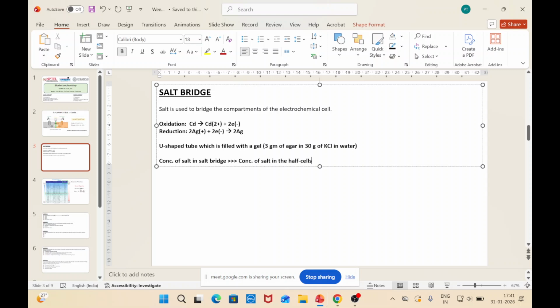So why such a concentration gradient, or why is there a requirement like this in case of an electrochemical cell? What is the need for the concentration of the salt in the salt bridge to be excessively high in comparison to the salt concentration in either of the half cells, or you can say in the anode or cathode compartment?